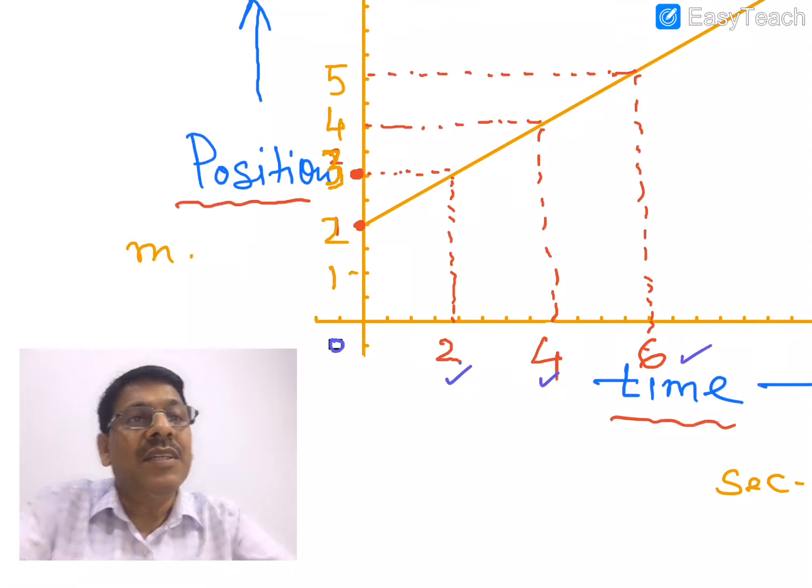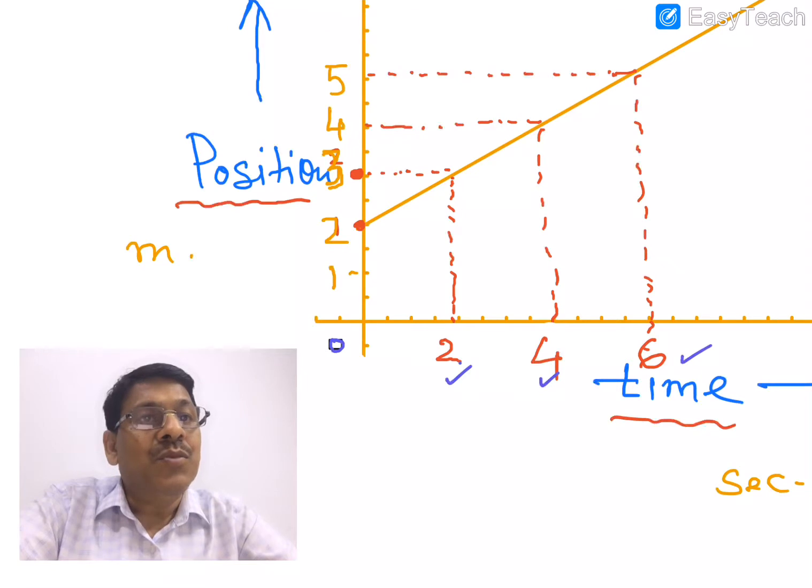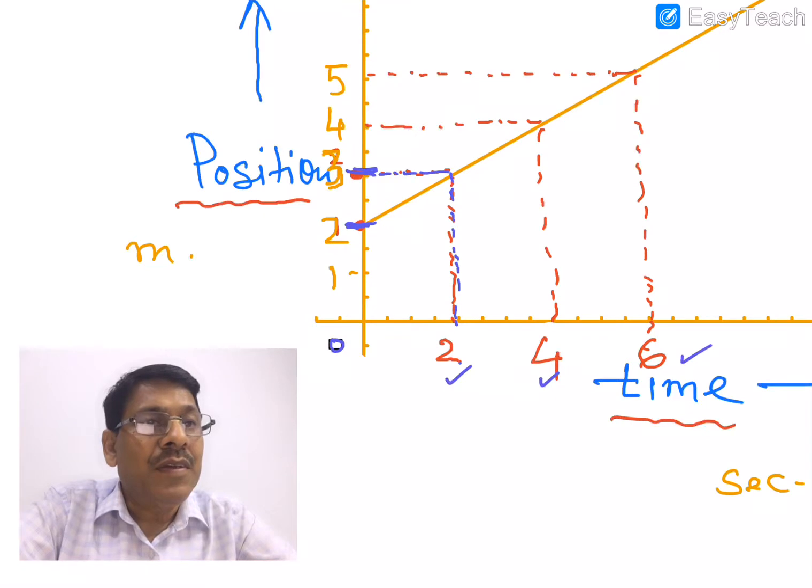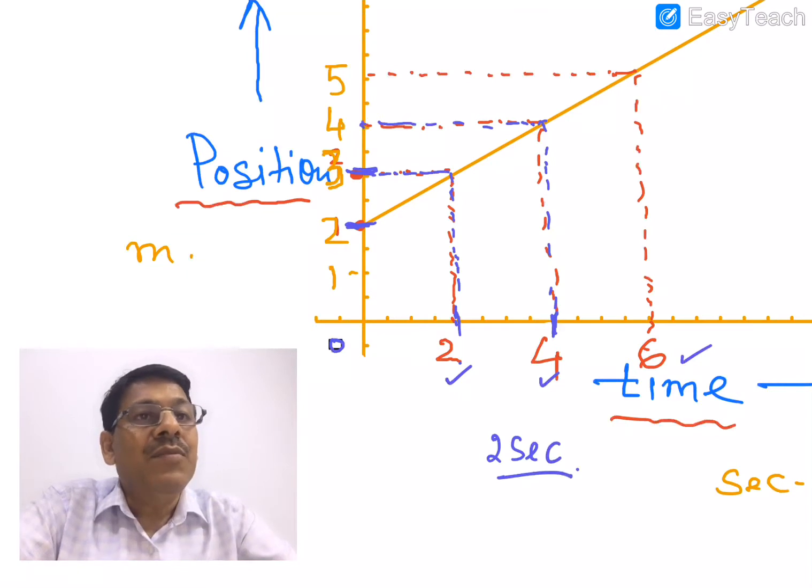The body is moving in a straight line path. You see here the position goes from 2 meters to 3 meters in 2 seconds, and next from 3 to 4 meters, again in 2 seconds, and from 4 meters to 5 meters, from 4 to 6 seconds, means again it is 2 seconds.